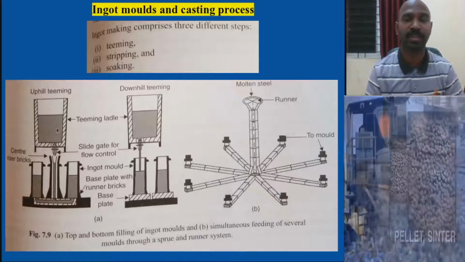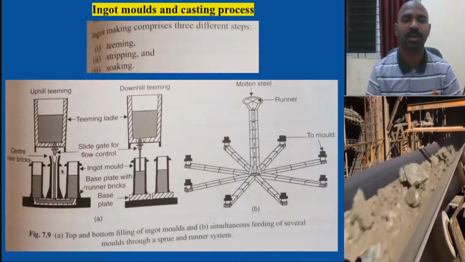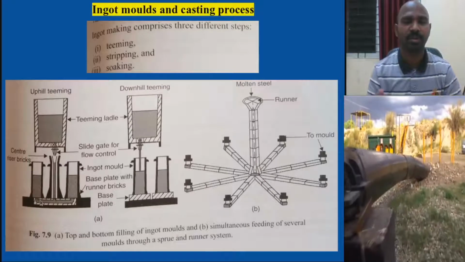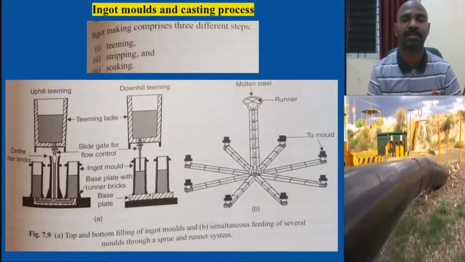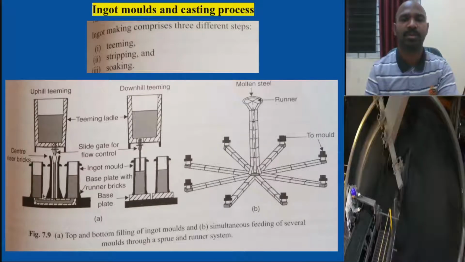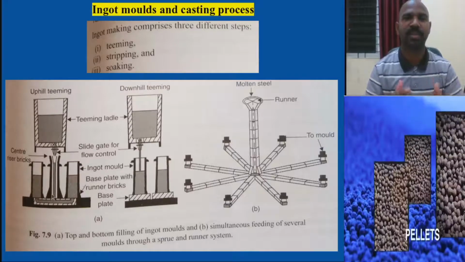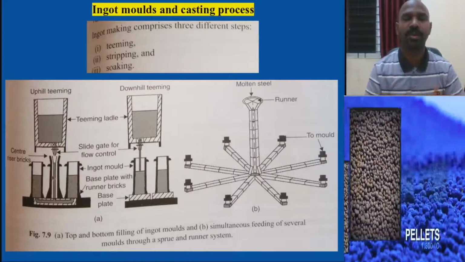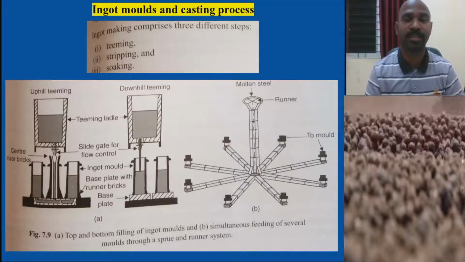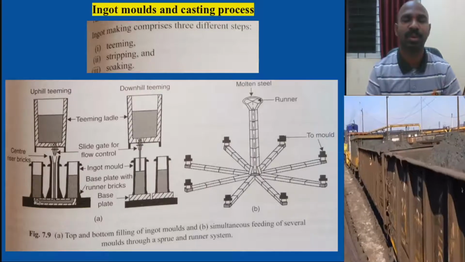It passes through this straight part, called the shroud, and this is called the pouring basin. These side molds are cast iron molds with refractory lining, and they are connected to these two molds simultaneously. This is the runner, and these are the risers. This is the runner and this is the gating system.